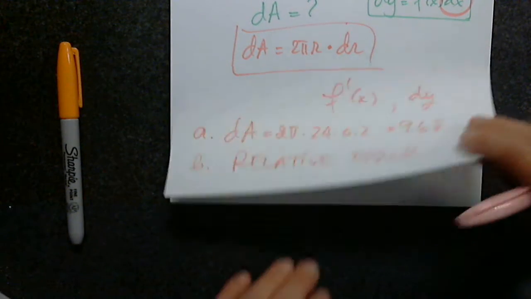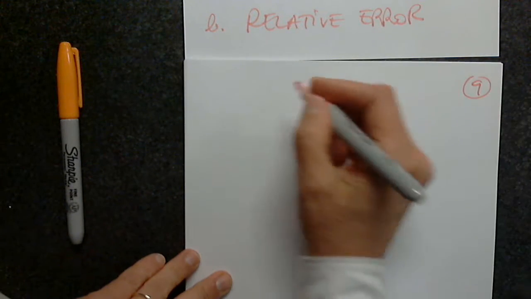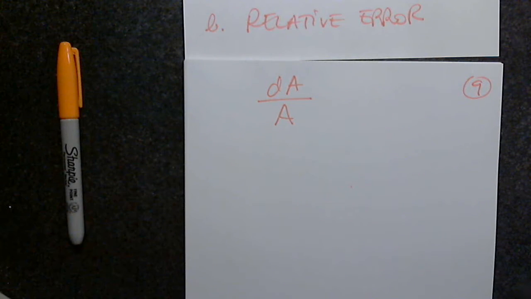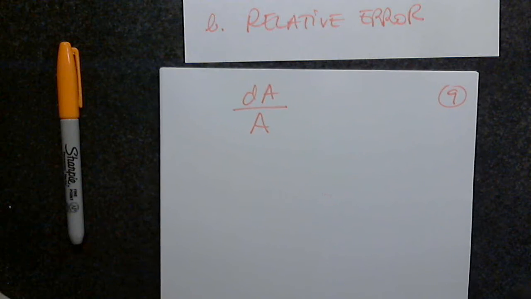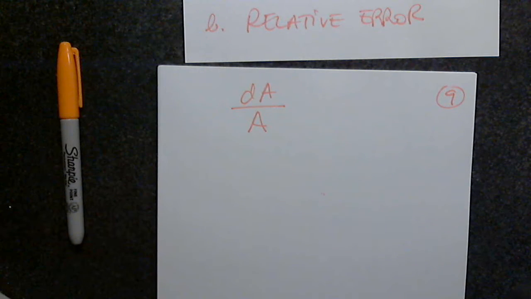So the relative error will be, in this case, dA over A. So the exact error created or triggered by 0.2 divided by the total area, the exact area. Not the exact change, but the exact area.